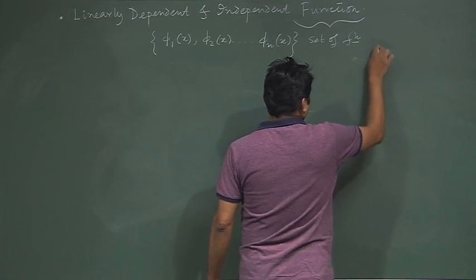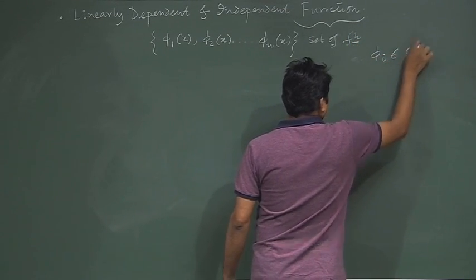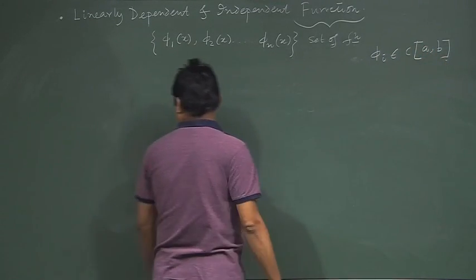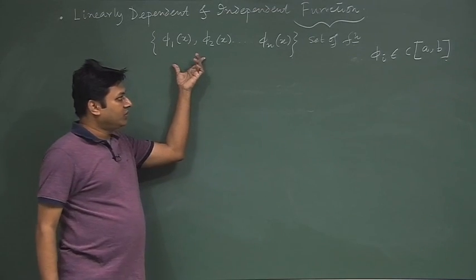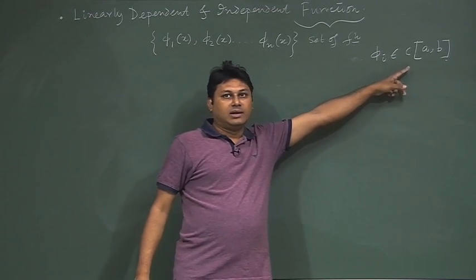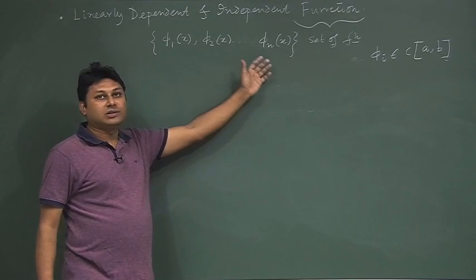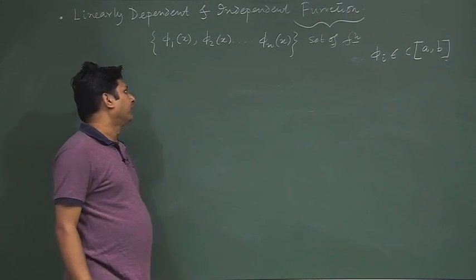All these phi i's belong to the set of continuous functions. This is a subset of continuous functions, and this means all are continuous in the regime A and B. So, this is the set of functions I have.